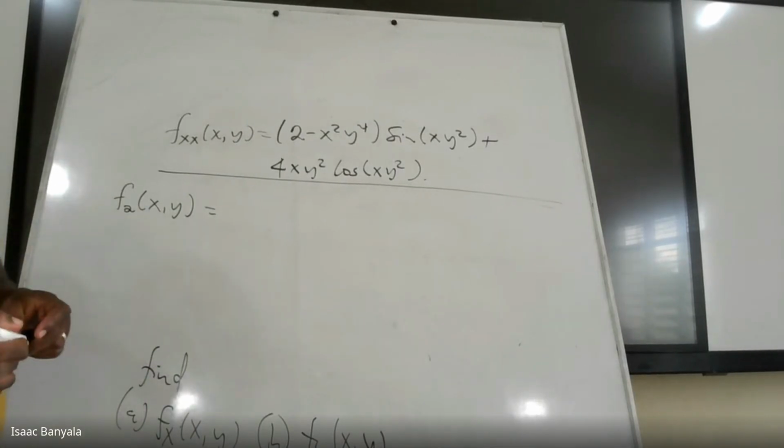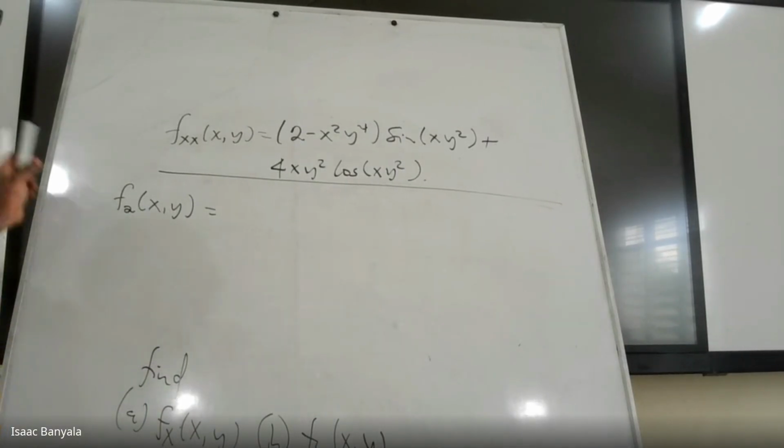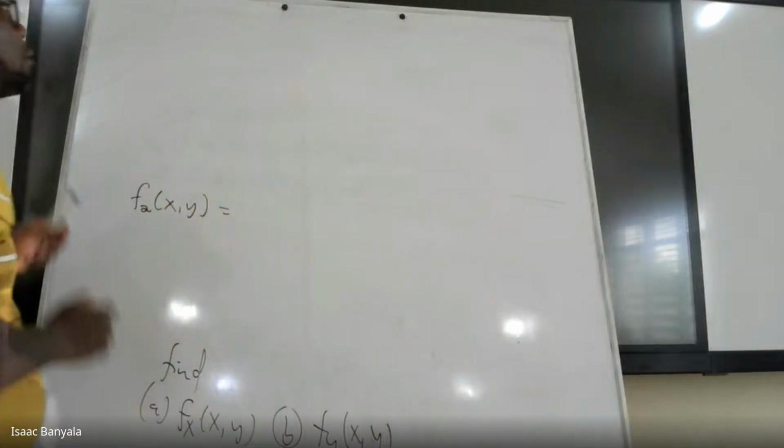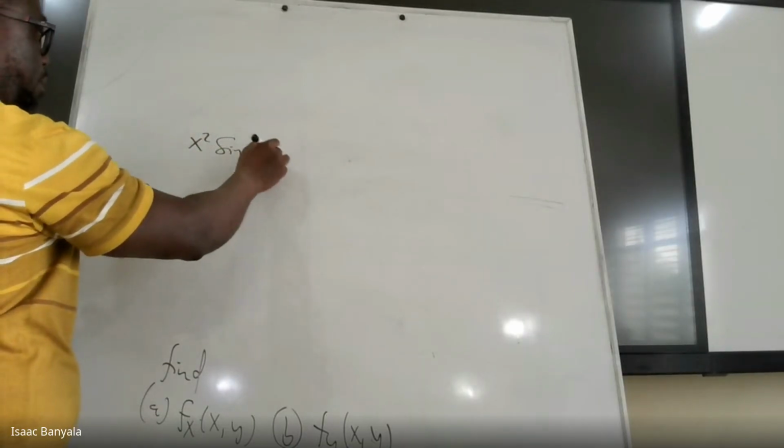Please give me the function. x squared sine into bracket x y squared. Okay.